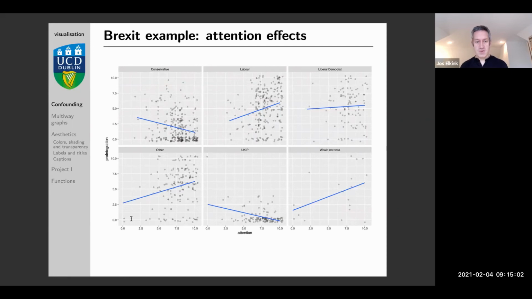And so if Labour is more in favor of integration and Conservatives are more against integration, those voters that pay more attention might be more aligned. And that might then be the real explanation: it's not about more attention meaning more integration, but more attention leads to more alignment with the party. And then you get a whole different story.